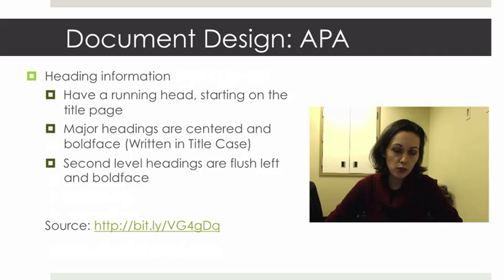So first of all, I'm going to tell you some more about document design, but before we move on to that, I'd like to remind you that you don't need to memorize everything that I'm telling you in this video. The general idea about any kind of citation is you need to be able to consult the manual. There are online guidelines that I'm also going to give you a list of at the end of this video. There are also a number of handbooks that are available in the market, especially if you're living in the US.